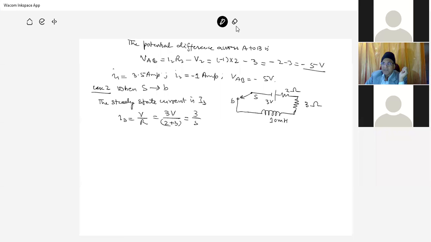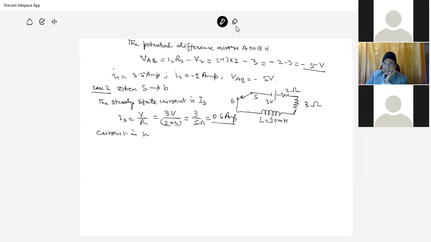So 3 by 5 ohm, 0.6 ampere. This 0.6 ampere is the current. Now when it is connected to the L circuit, the growth time for half of the original. How much time?